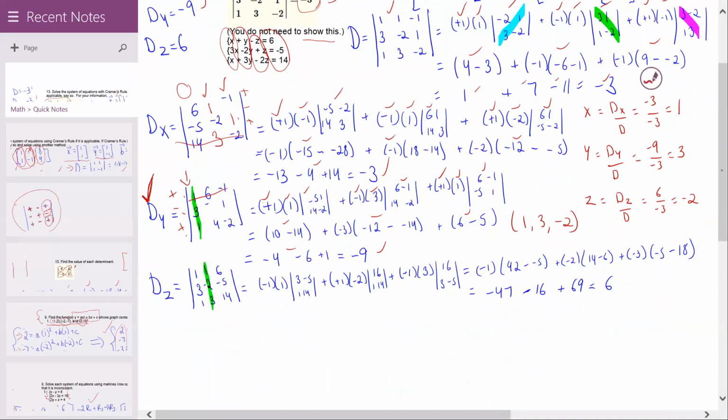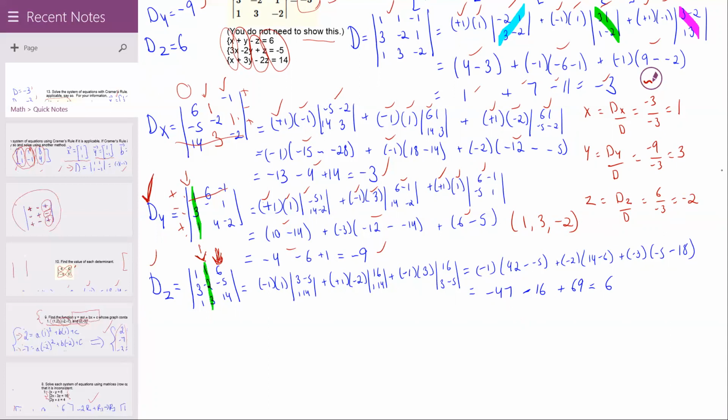Okay, and then dz is when you plug the b vector, the constant vector, in for z, but leave x and y the same. And this time I'm going down the middle one. So in general, you want to pick the direction that's easiest, but I'm picking this one to just show you that it can be done.